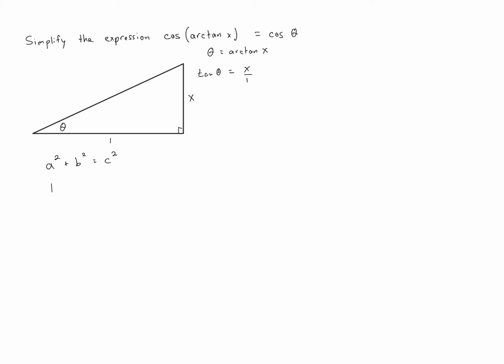So we can say 1 squared plus x squared equals that hypotenuse squared. Of course, 1 squared is just 1, so that's the same as 1 plus x squared equals the hypotenuse squared. And to solve for the hypotenuse, we take the square root of both sides, and we end up with the square root of 1 plus x squared for the hypotenuse.